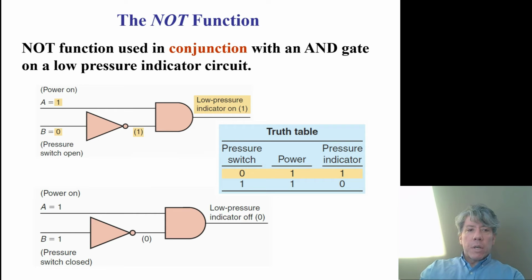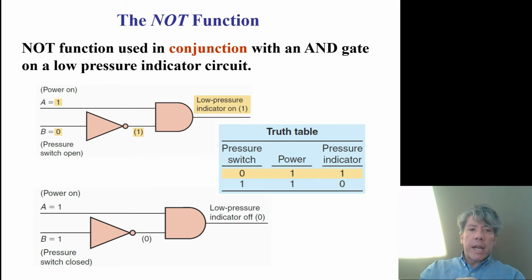So if we consider a system set up as you see here with an inversion first driving one leg of an AND gate, could this be a useful circuit? Well, this is a circuit for a particular device, and you'll notice that A represents power being on. When we turn on the power, then that leg is true.